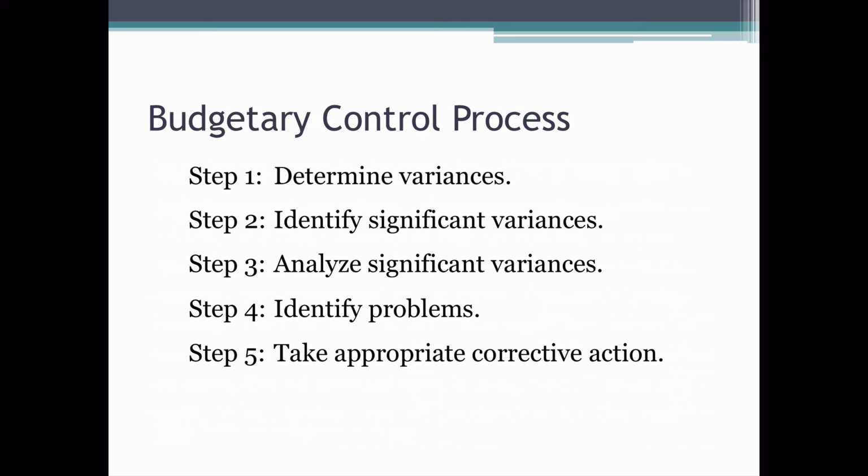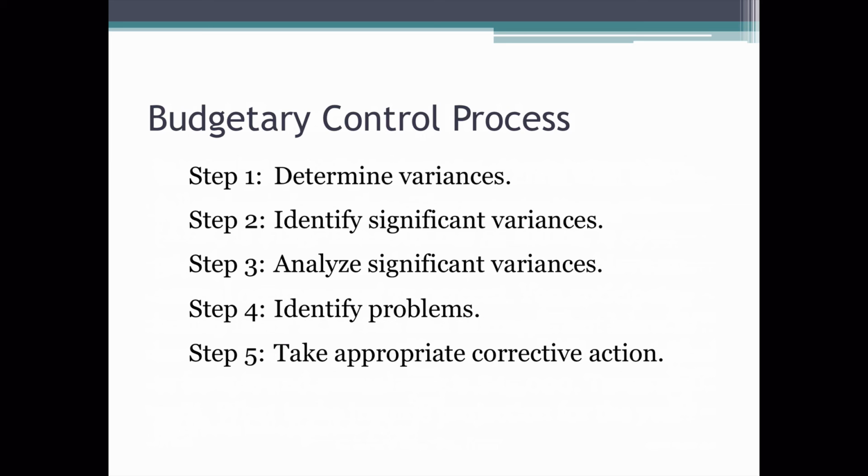And for the budgetary control process, we've kind of talked about this. We have variances that we need to determine. And we do that by looking at our actual from our budget, and then we find out where there's significant variances, and we're going to analyze those and find out where they're coming from or why we have significant variances.